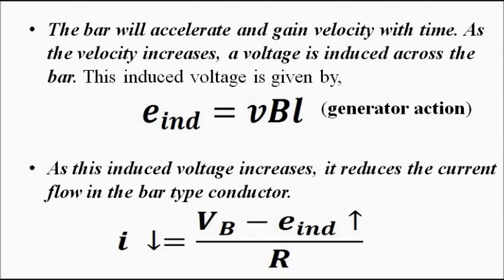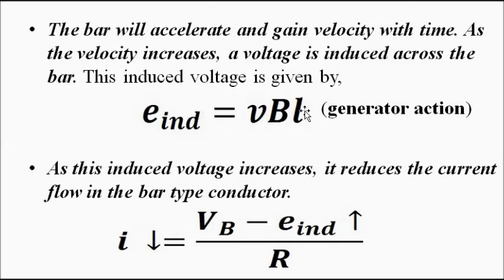We reverse one and the other, it becomes a motor or a generator. The same linear DC machine now behaves as a generator. As this conductor moves, it starts gaining velocity, and as this velocity increases, the induced voltage will also increase.